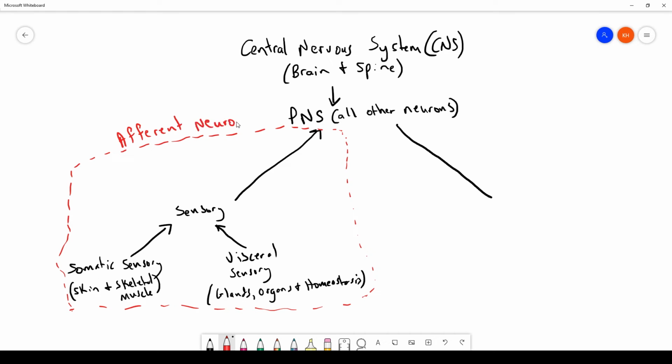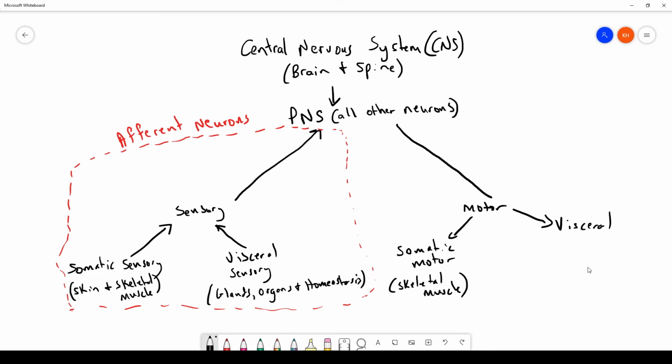Collectively, all of the nerves that go from the sensory up to the central nervous system are referred to as afferent. Just like our sensory branch, the motor branch can be divided up into two major branches as well. The somatic motor, associated with skeletal muscle movement, and the visceral motor. This is also sometimes called your autonomic nervous system, abbreviated as ANS.